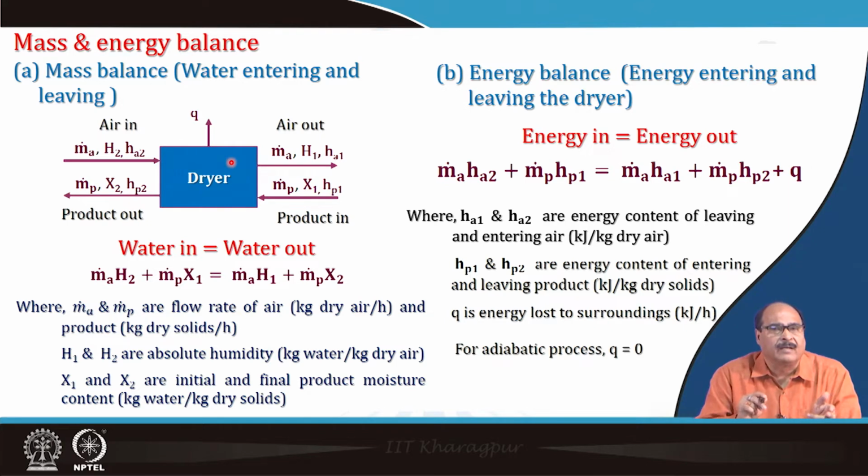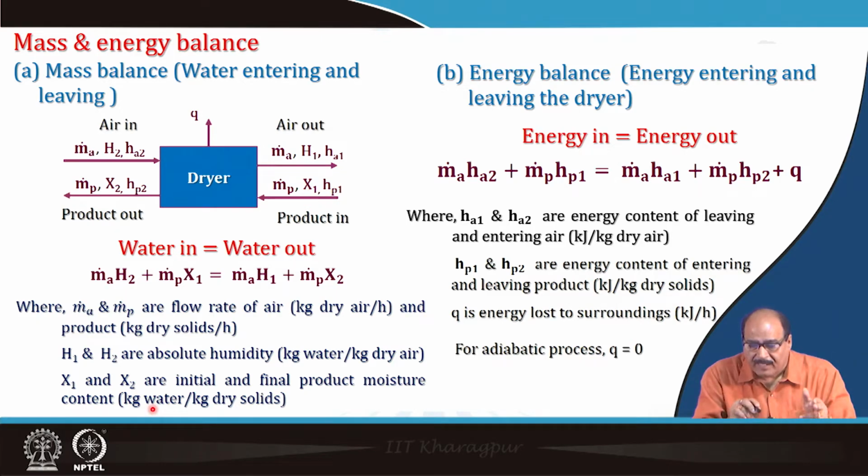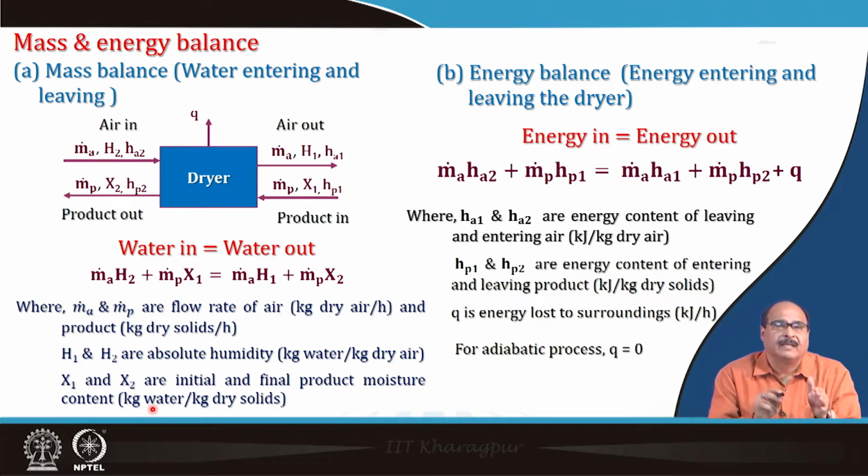Similarly, for the product in, a certain amount of the product MP is going in, X1 is the initial moisture content in the product, and HP1 is the energy content entering with the product.